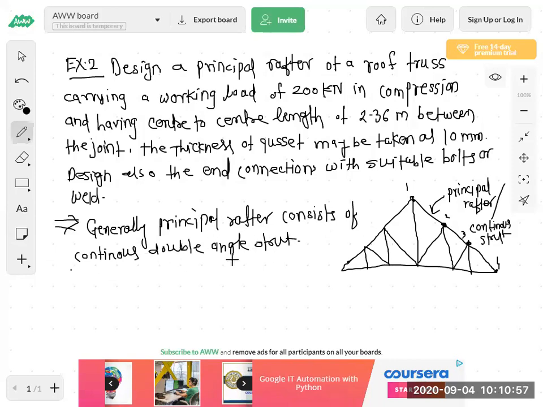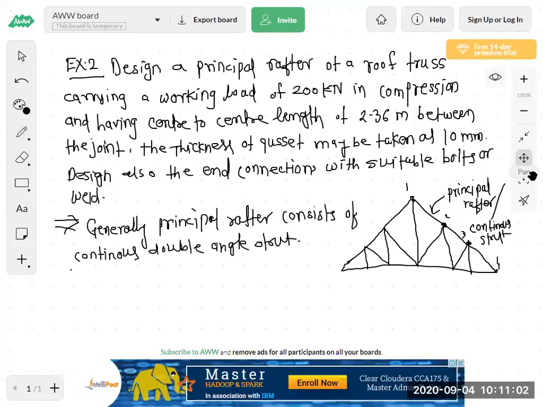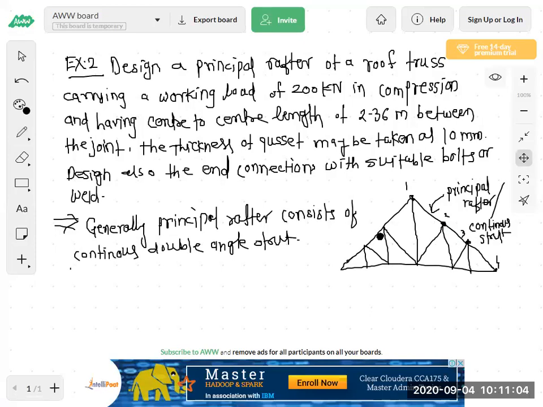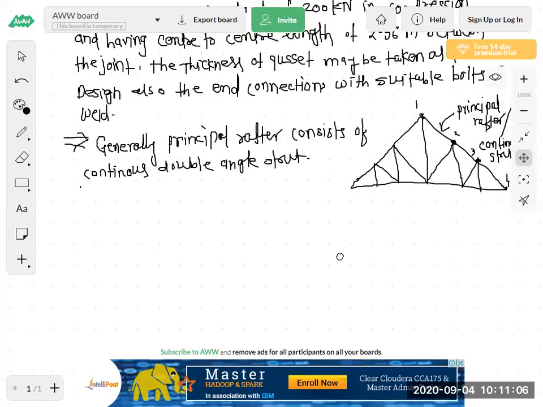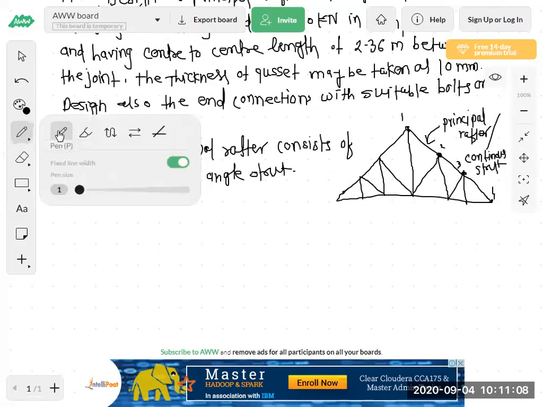Full stop. So this is the continuous double angle strut. So we have to design it as a double angle. This principal rafter we have to design as a double angle member or double angle section.